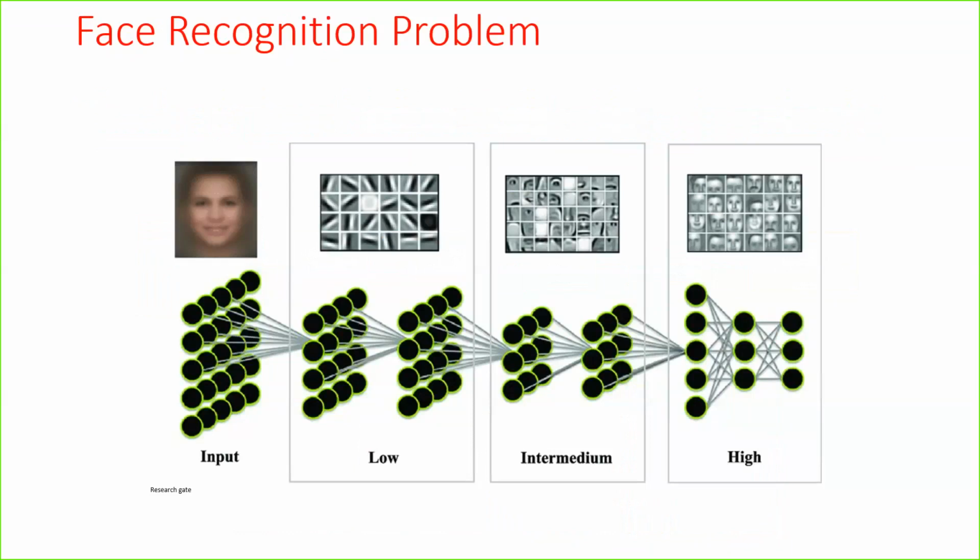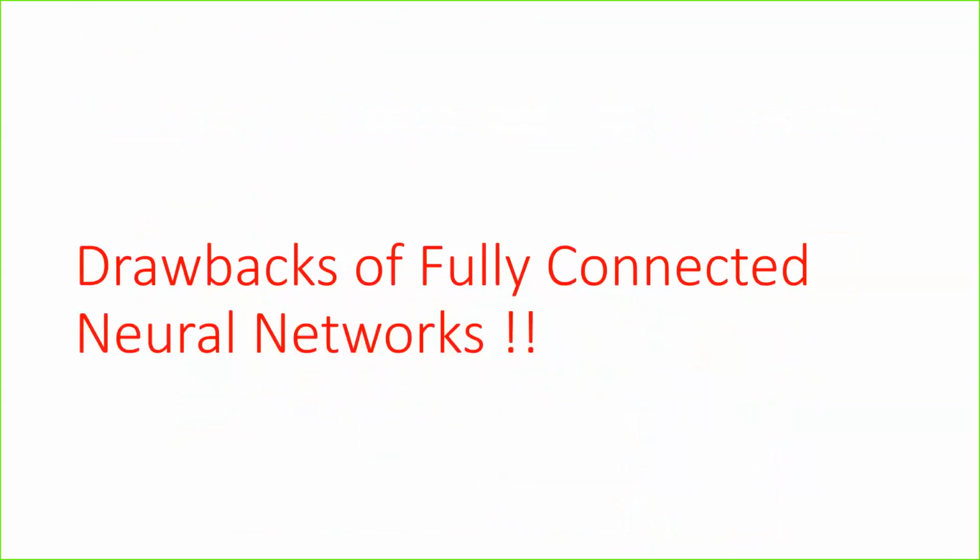Level by level, we are extracting the features that are useful for training as well as classification. So this is the advantage of the convolutional neural network, or deep learning in general.